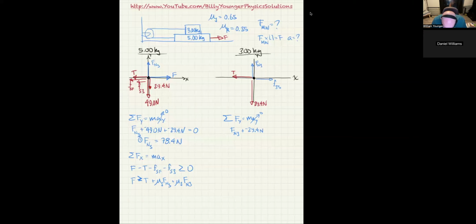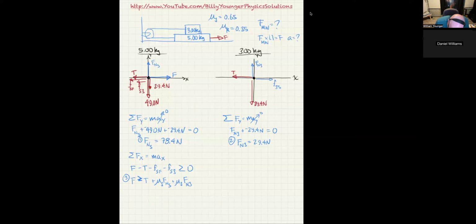So Fn3 plus negative 29.4 has got to equal 0. So now we've got equation 2, which is Fn3 equals 29.4 newtons. And we're going to make use of that as well. I should have labeled this one already, but I'm going to label it 3 now. That way we can use it.